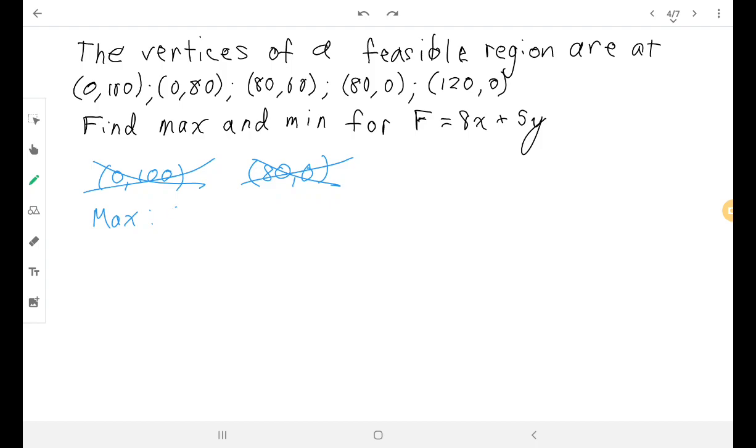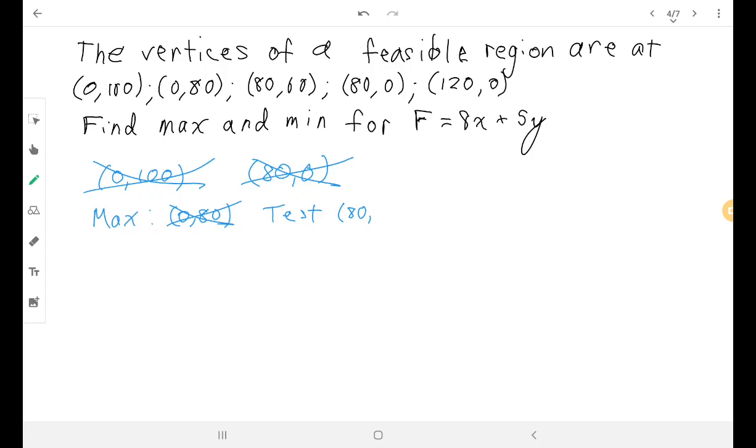So when I think about 0, 80, it certainly can't be the maximum, so I'm going to throw it out for the maximum only. It could very well be the minimum. And then I'm left to only test 2. And that's what you got to do. Narrow them down and then test what you have to test.